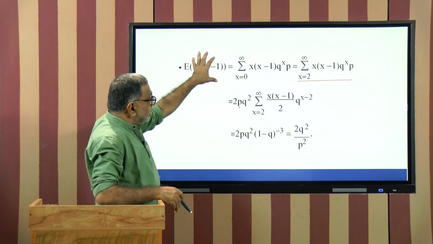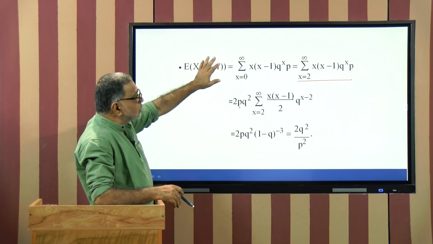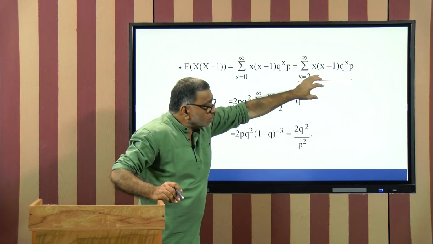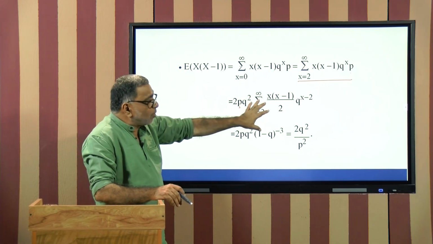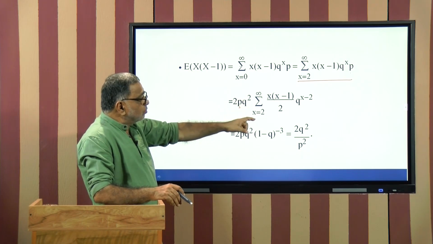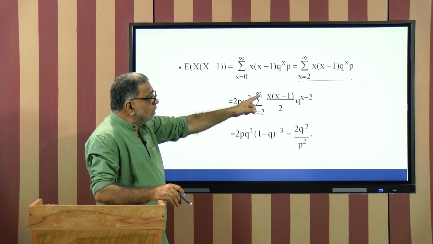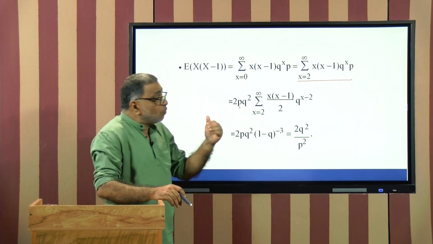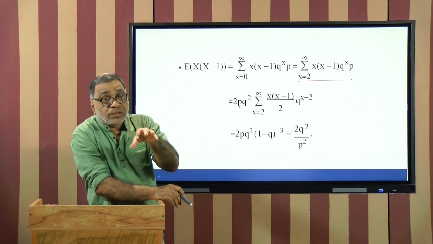So, when we consider the expectation of x into x minus 1, we can write this expression like this, and that is modified into the form of 2 p q square sigma x equal to 2 to infinity of x into x minus 1 divided by 2 into q to the power x minus 2. What is the advantage of writing like this?